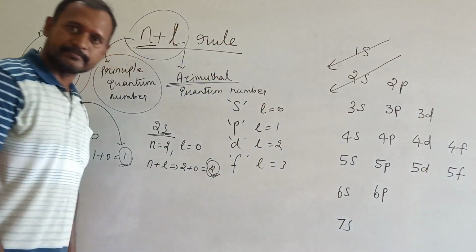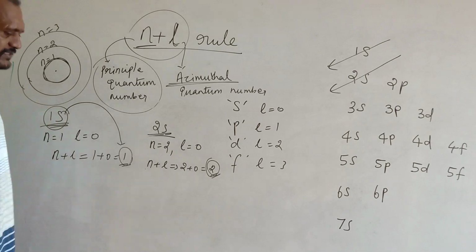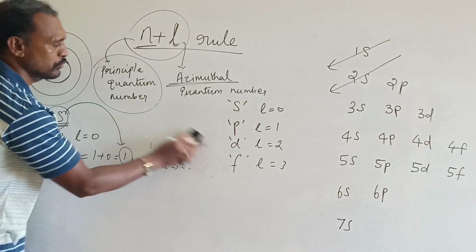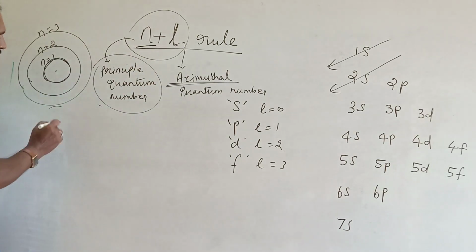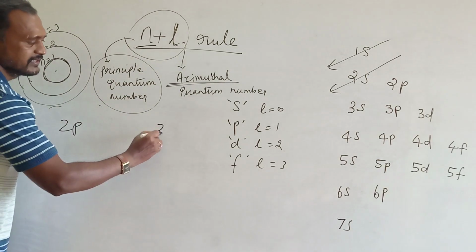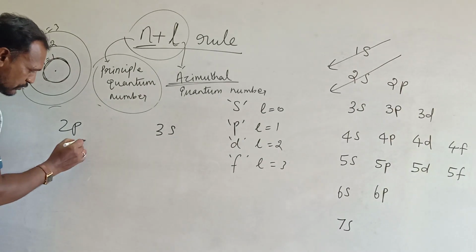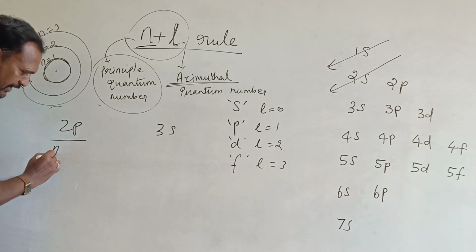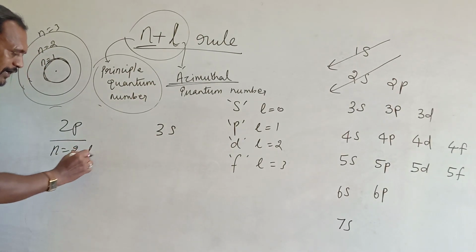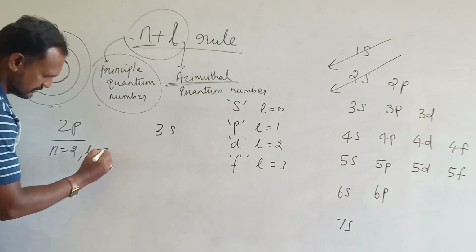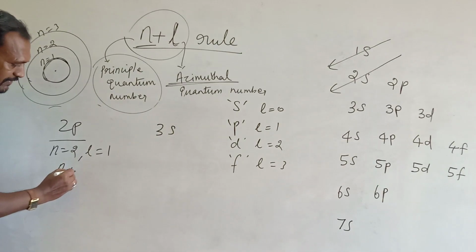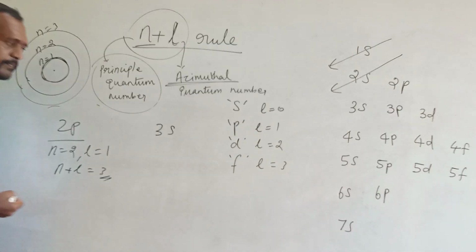Are you clear? Now, what is the n plus l value for 2p and 3s? You find 2p and 3s. For 2p, n value 2, l value for p is 1. Good. Then n plus l value 3.